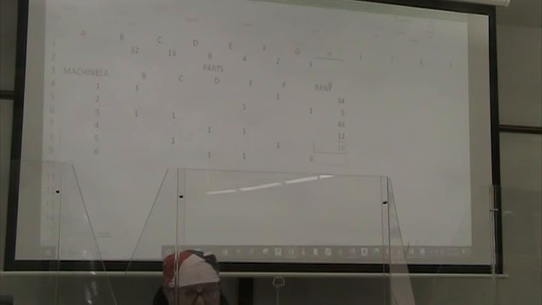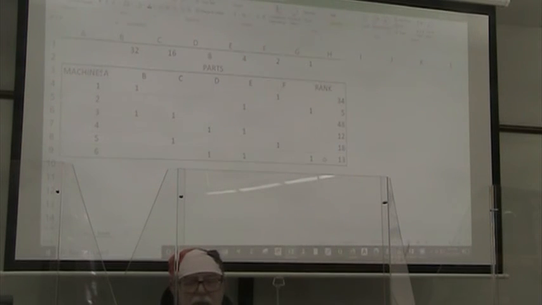plus 2. And machine 6 equals 8 plus 4 plus 1.